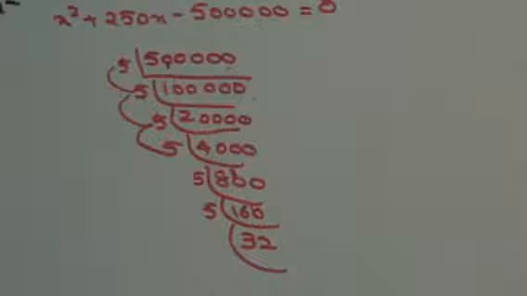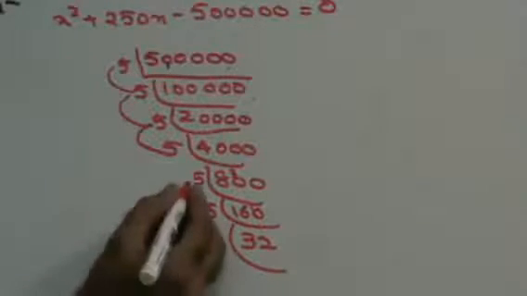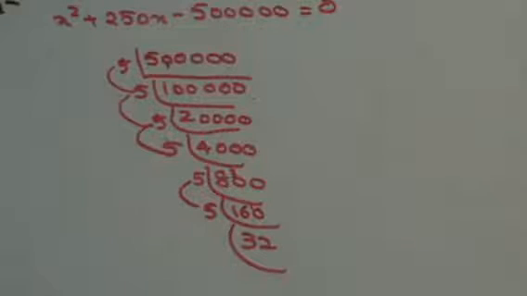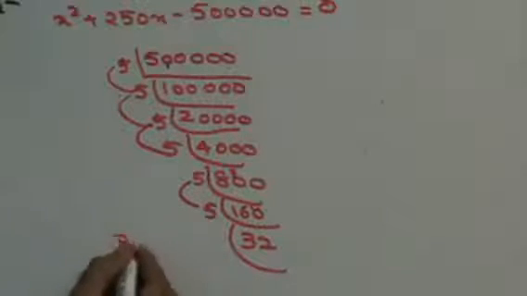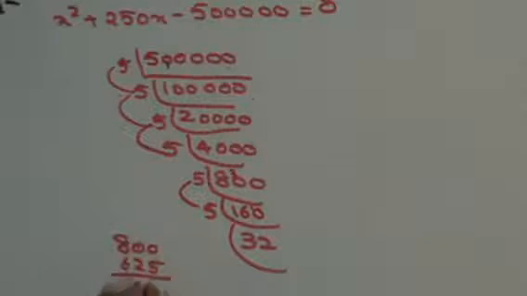And here you have 5 5s are 25, and 25 into 32 is 800. 800 and 625. So in that case 725, 125. No. 175. That means I need to put 1 2 there.